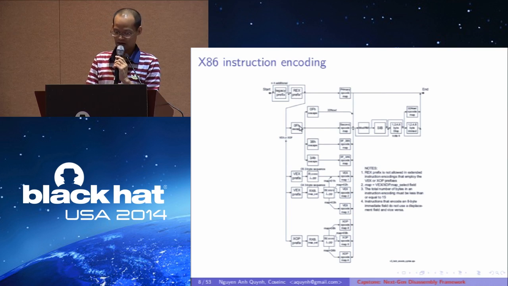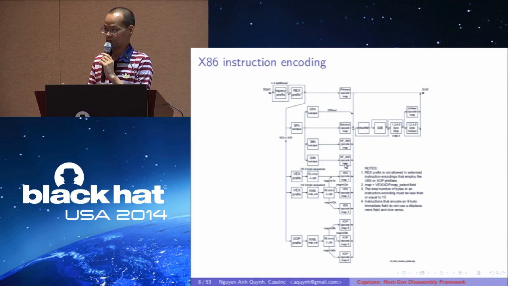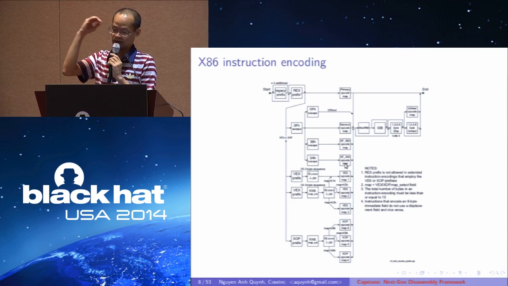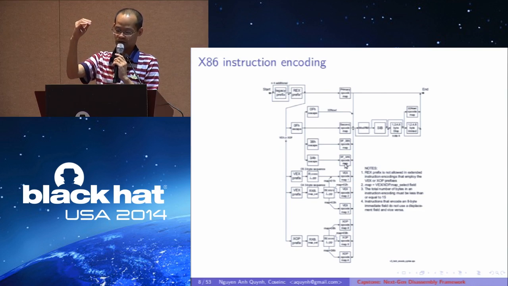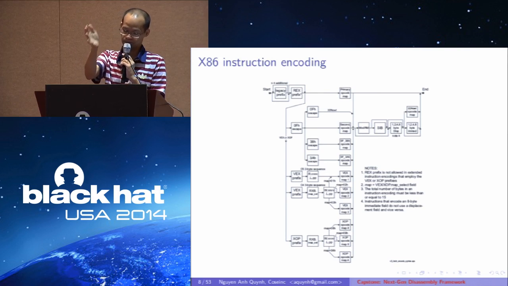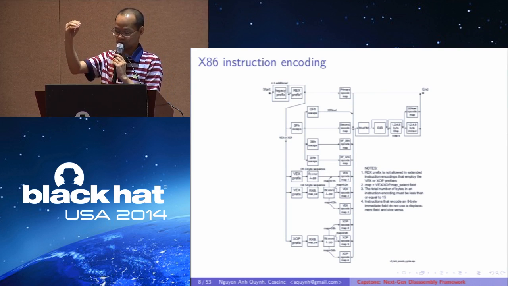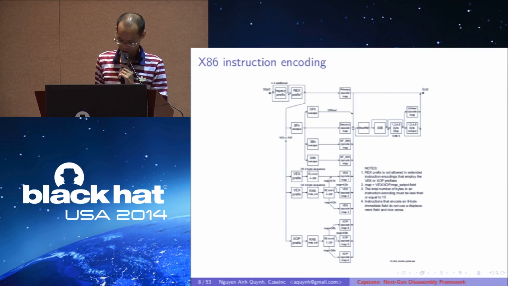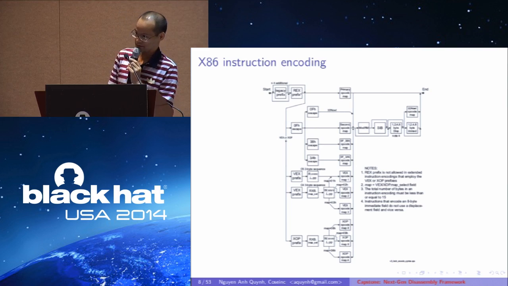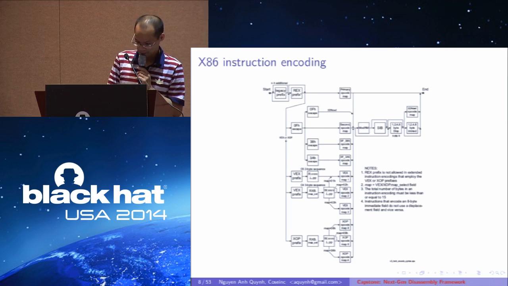If the first byte is 0F, the second byte is 38, that's another opcode map. If the first 2 bytes are 0F and 3A, that's another opcode map. So there are many opcode maps, and depending on the value of the bytes at the front, you look at a different opcode map to decode the instruction. So you can see that x86 is very, very complicated.